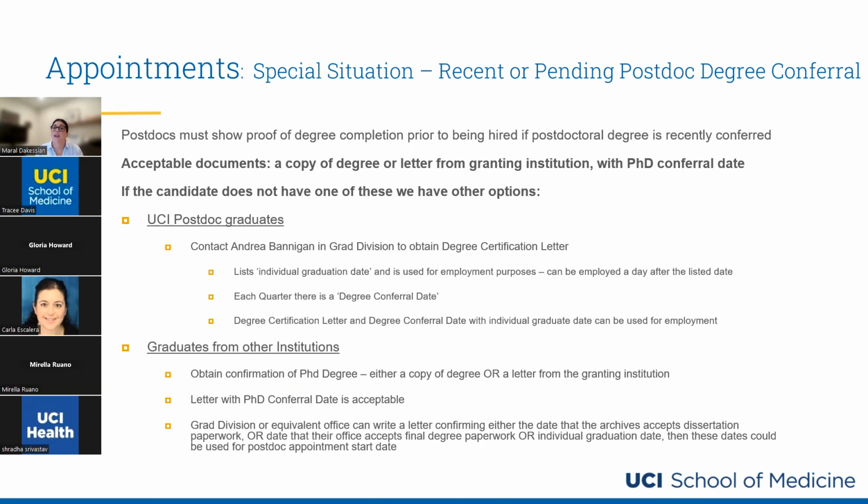Or if they have a grad division or an equivalent office, they can write a letter that confirms either the date that the archive will accept the dissertation paperwork, or the date that their office accepts final degree paperwork, or they can assign an individual graduation date. Any of these things are acceptable.